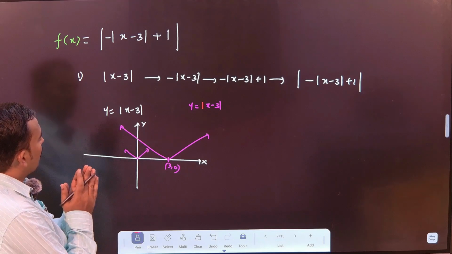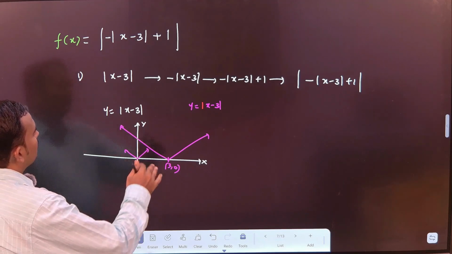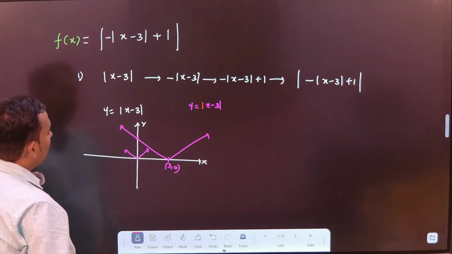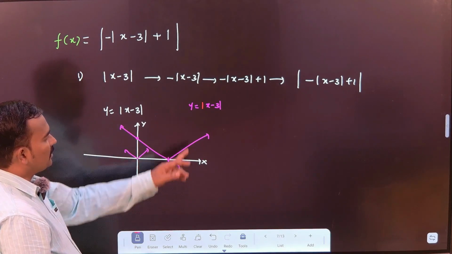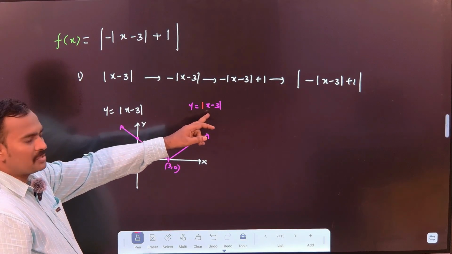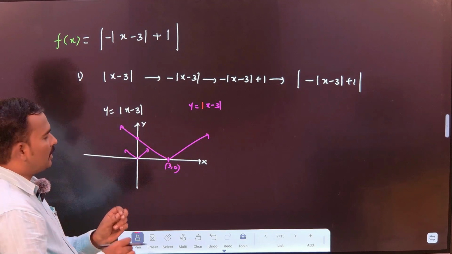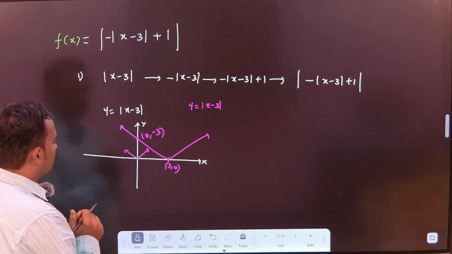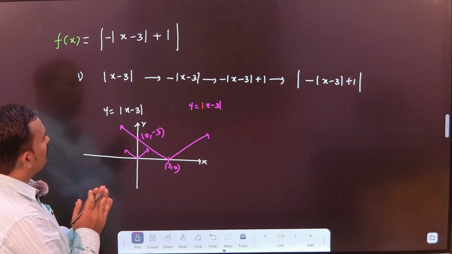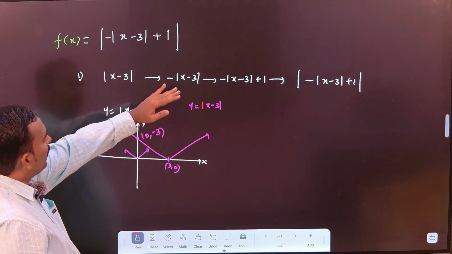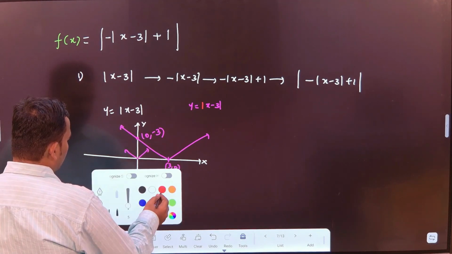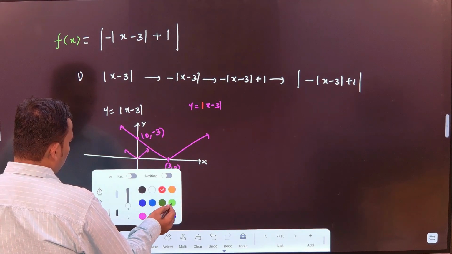Okay, fine. Now the next step is the y-intercept. Y-intercept means put x equal to 0. Mod of minus 3 will be there. This is 0 comma 3, your y-intercept. Now the next step is minus mod x minus 3. The same graph you have to flip upside down, so what is up you shift down.